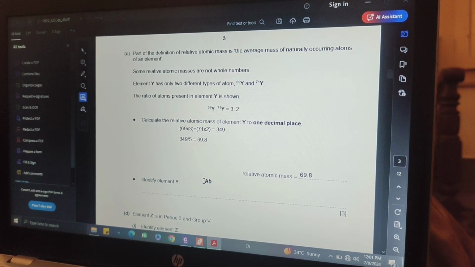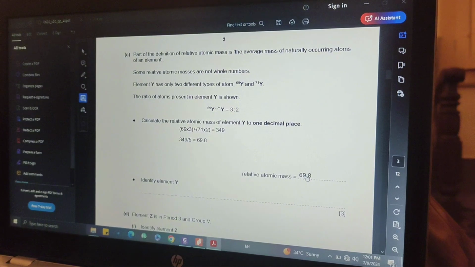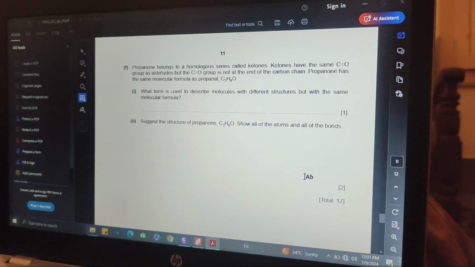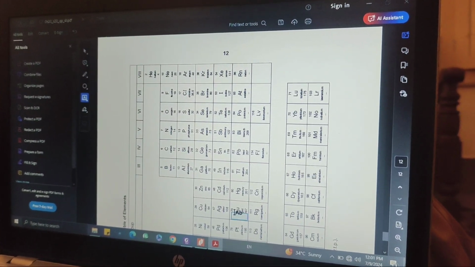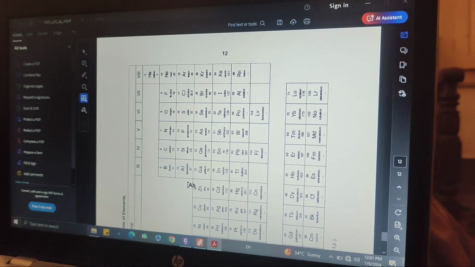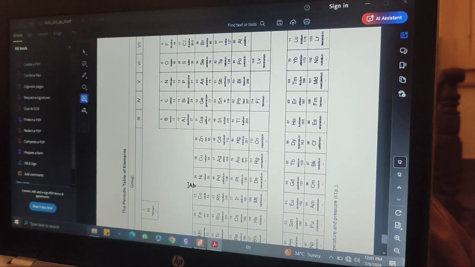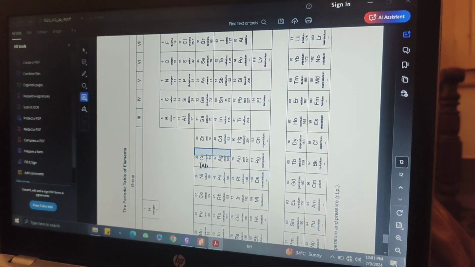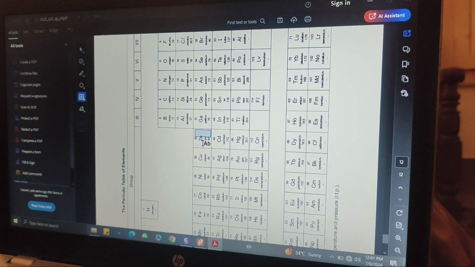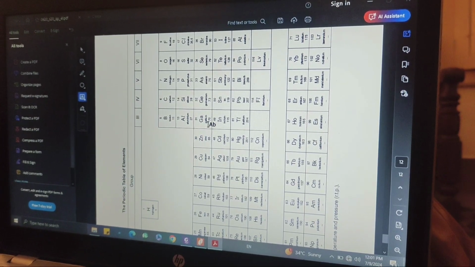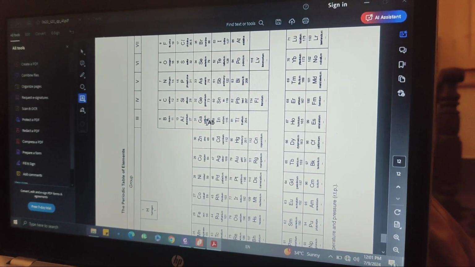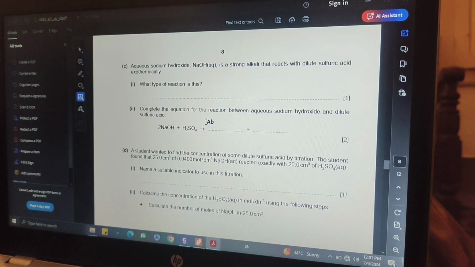And to identify the Y, we'll go straight to the periodic table and check the atomic masses of the elements here, being 30, 65, helium, and 31, 70. So 70 is the nearest to 69.8.